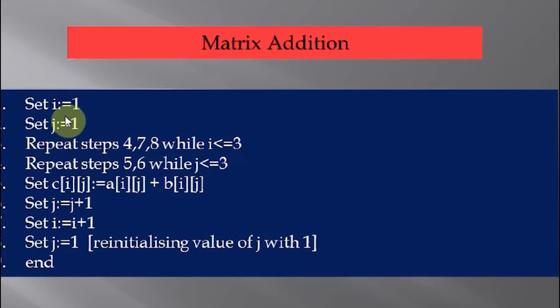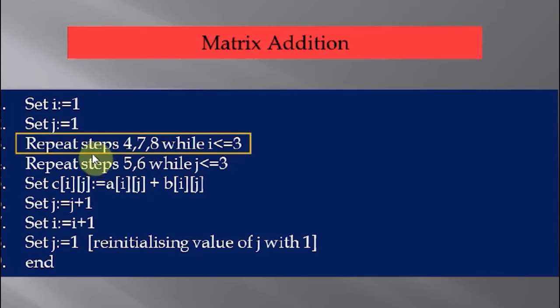The outer loop is meant to traverse the rows of the matrix, and the inner loop is meant to traverse the columns of the matrix. So I have to have two counter variables. In this case, I am going to take i and j. The i counter variable will be used in the outer loop, which is meant to traverse the rows, and the j counter variable will be used in the inner loop that will traverse the columns of each row.